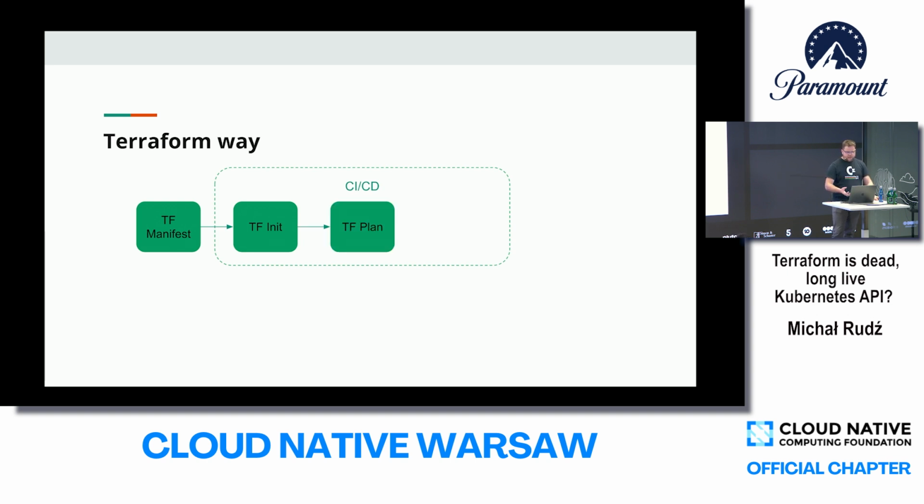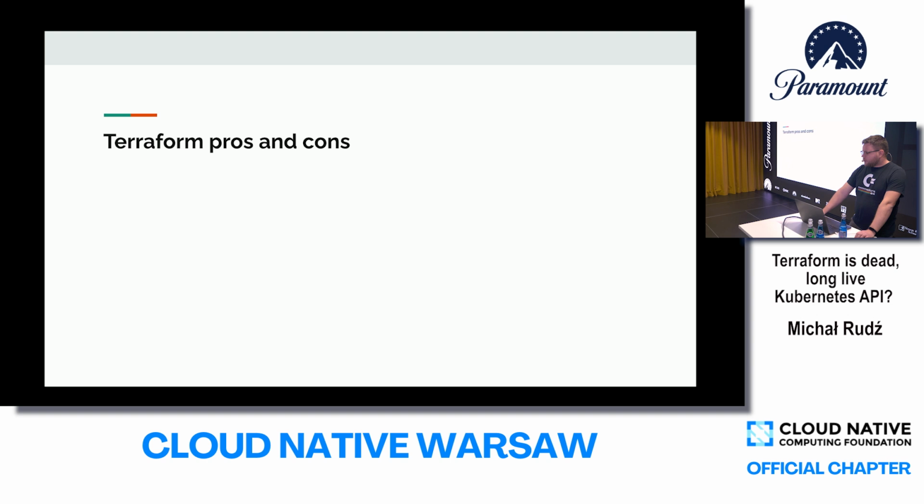We need terraform plan to see what will happen, and then terraform apply, and at the end we have our new piece of infrastructure. So Terraform is a good tool, but it's not perfect because it requires some manual steps from us. We don't see the drift.